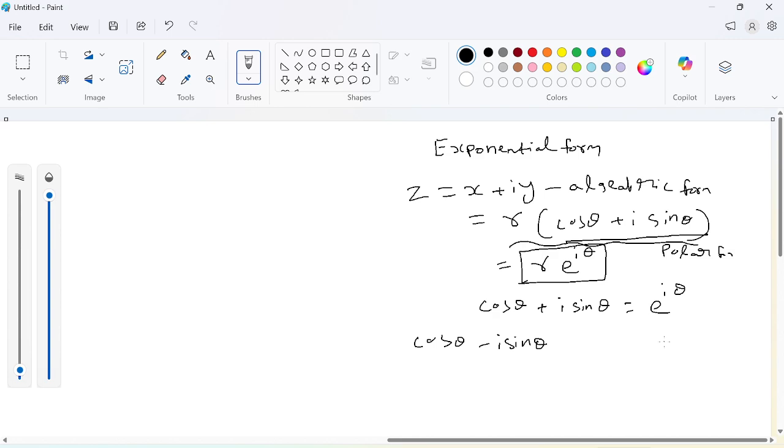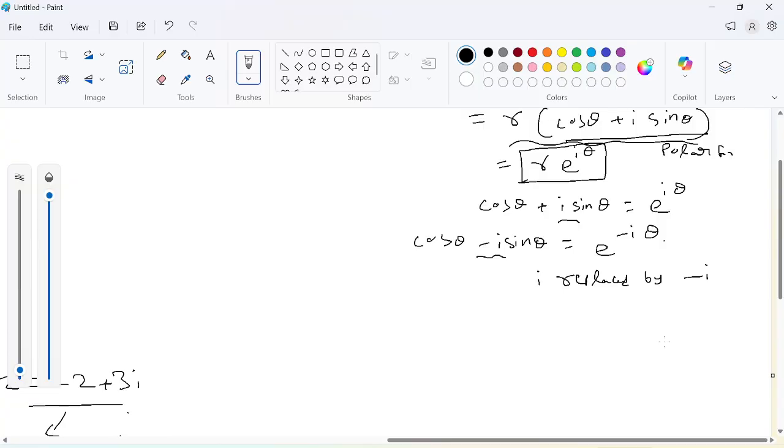I'm just asking. Wherever i is there, replace it with minus i, which will be e power minus i theta. That means i is replaced by minus i. So this is your exponential form.